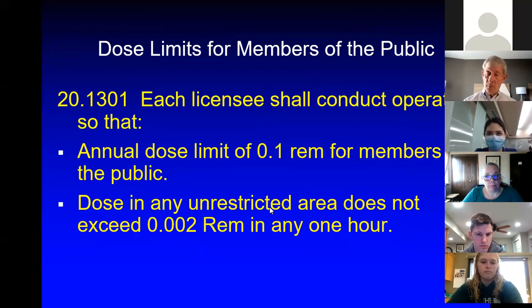Part 20, that's protection standards. Each licensee shall conduct operations so that, look at the second bulleted point, the dose in an unrestricted area must not exceed 2 millirems in 1 hour. And the other limit is 100 millirems for members of the general public.